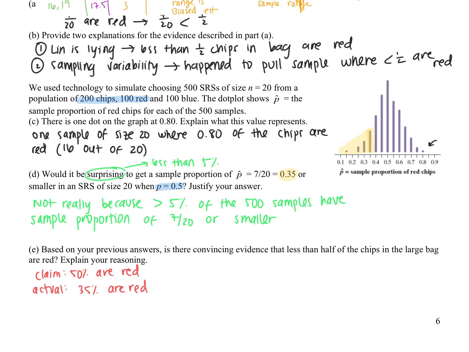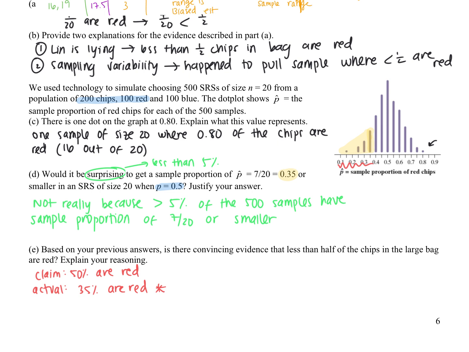Okay, what do we trust more? The claim that someone tells us or the sample we actually took? Well, we actually took the sample, right? We carried this out. I don't know Mrs. Lynn. I don't know if she's trustworthy. I'm going to trust the sample that I actually took. So then when I look up here, what's the likelihood of the sample that I actually took?